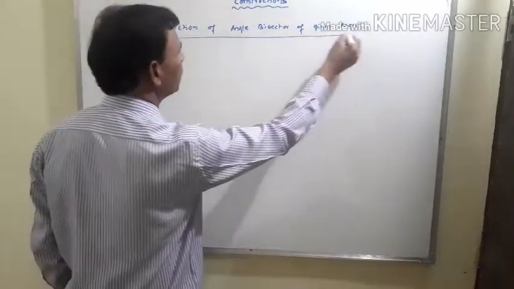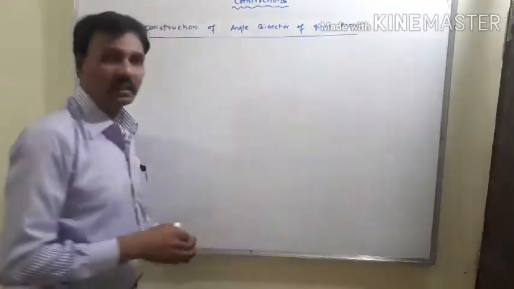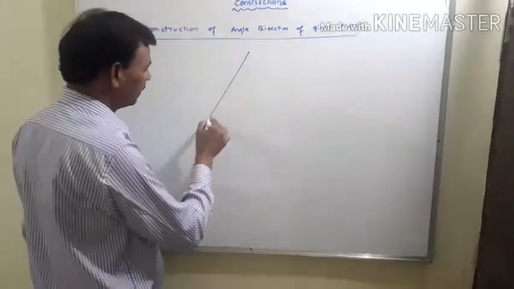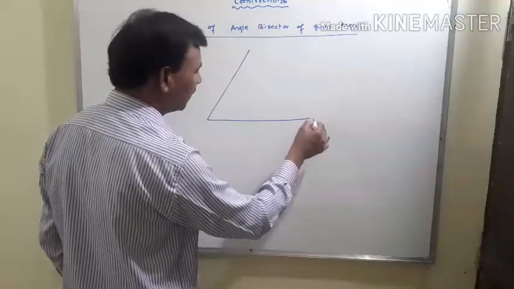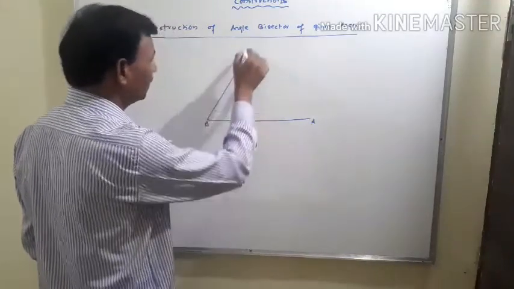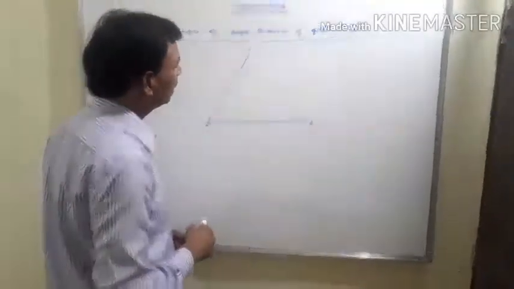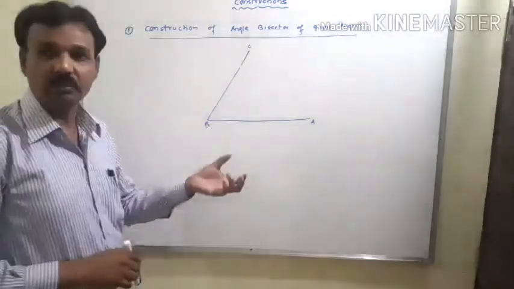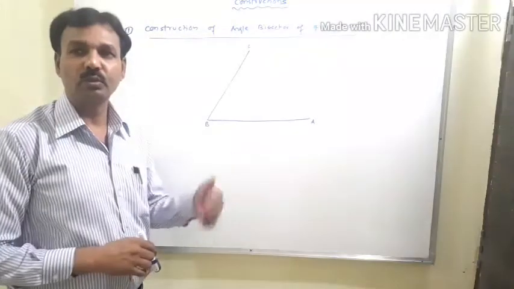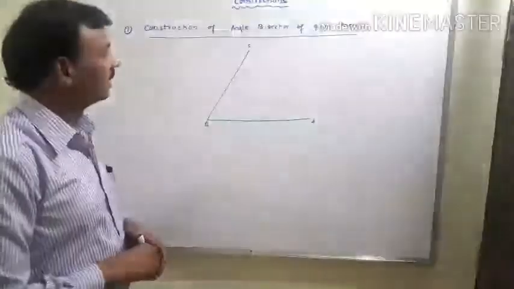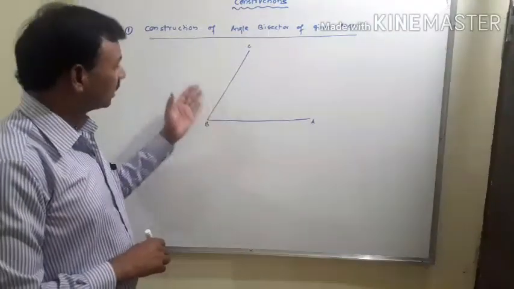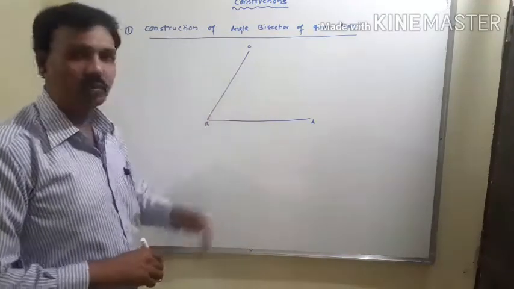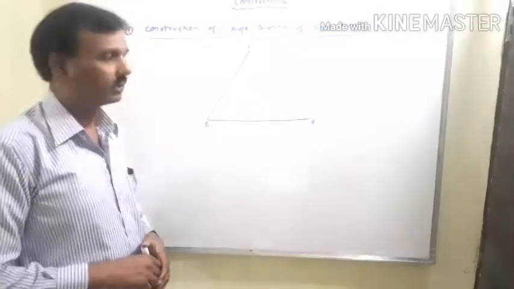That means if any angle is given, suppose this is angle ABC, and if you want to bisect this angle, bisect means divide it into two equal parts, then how to do the construction, or how to divide it into two parts without measurement.